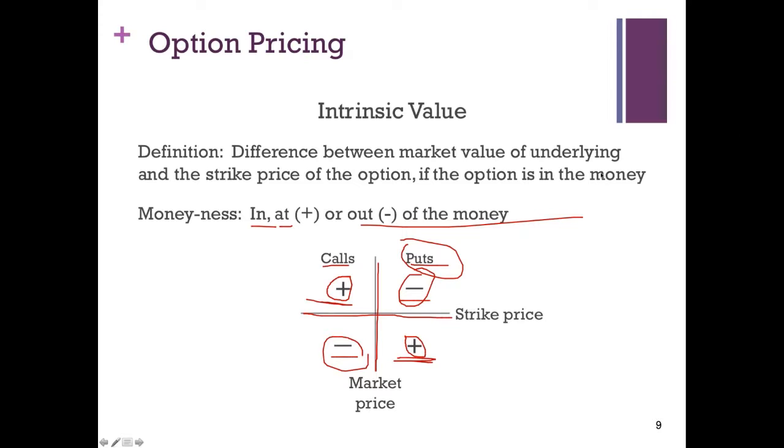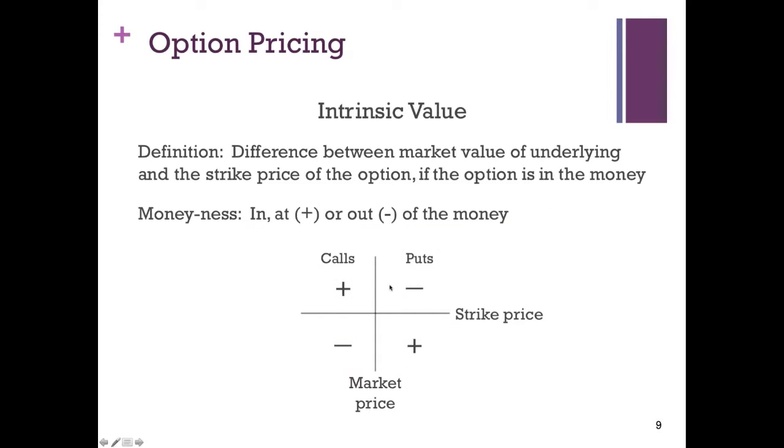And the significance of in or out of the money is, in part, it relates to this intrinsic value we're about to discuss. But also, remember earlier I talked about owners of options would only exercise an option when it's in the money. In other words, if an option is out of the money, it would be irrational to exercise because one would end up losing more money than they would otherwise have to.